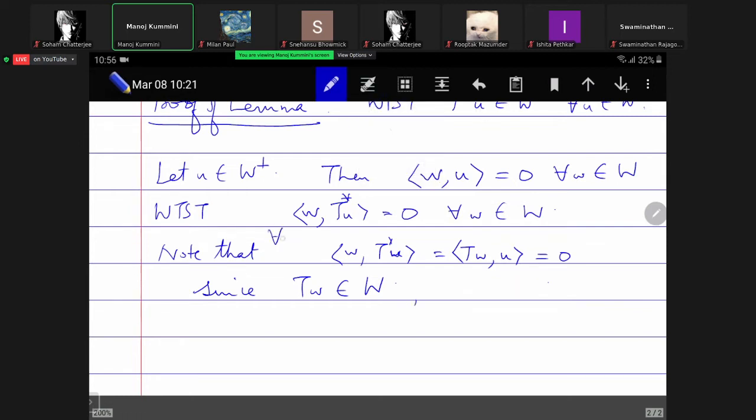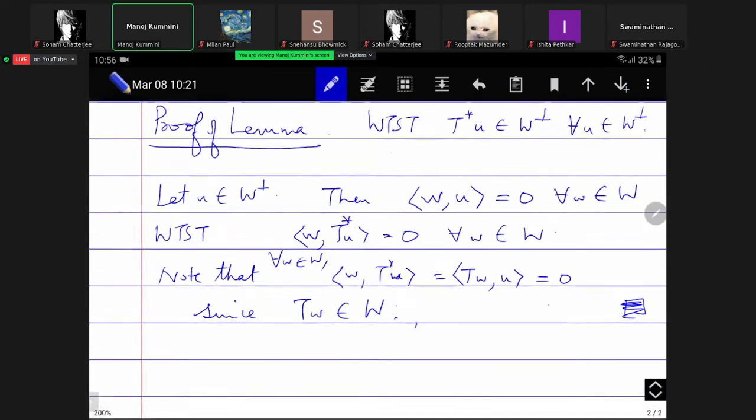Note that for all W inside W, this is 0. This is what proves the lemma. So this, the ability to move this T star to this side, that's a property of the Hermitian product. So this is a proof of the lemma.